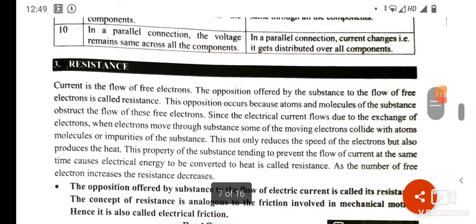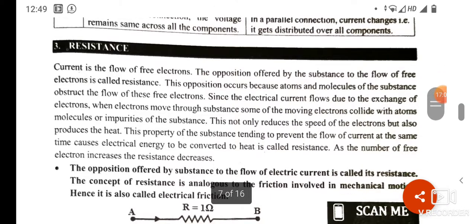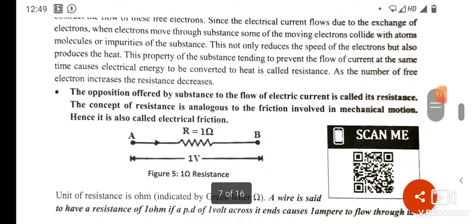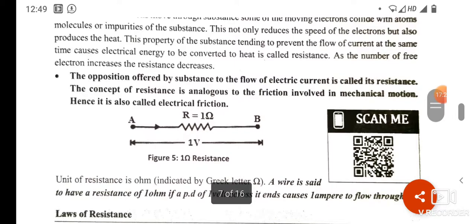Then what is resistance? It is a property offered by a substance to oppose the flow of electric charge, or simply electrons. The opposition offered by a substance to the flow of electric current can be termed as resistance. It is represented by capital R and the symbol is shown in the figure.